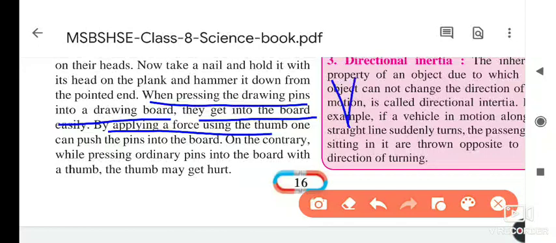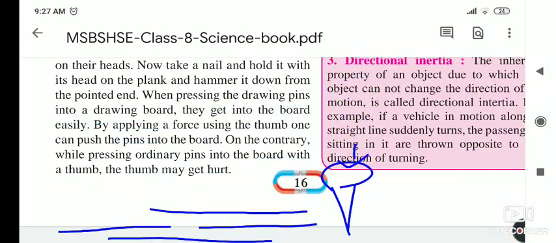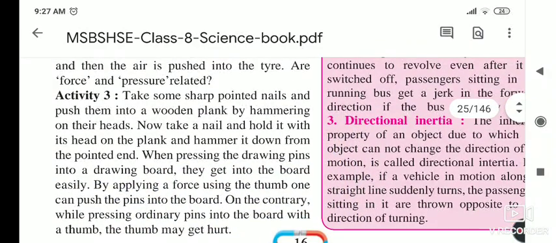So this is a pin. When we apply pressure from our thumb on this part of the pin, one can push the pin into the board easily. On the contrary, while pressing ordinary pins into the board with the thumb, the thumb may get hurt. And what is the reason behind it?